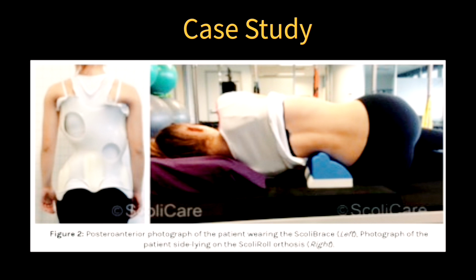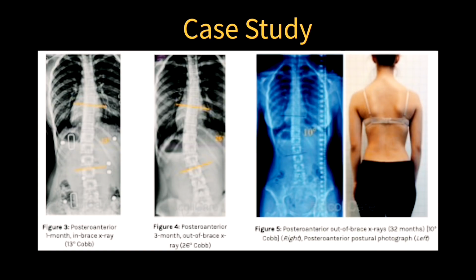Full-time means anywhere from 20 to 23 hours, and she wore her brace part-time for the last 17 months. Part-time is generally anywhere from 10 to 12 up to maybe 18 hours a day. She also did scoliosis-specific exercises. At the end of her treatment, her curve had reduced from 33 degrees down to just 10 degrees, and she was stable long-term with that improvement.